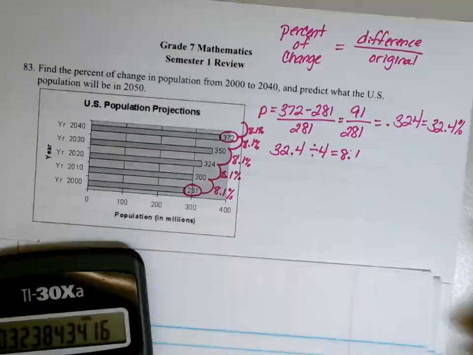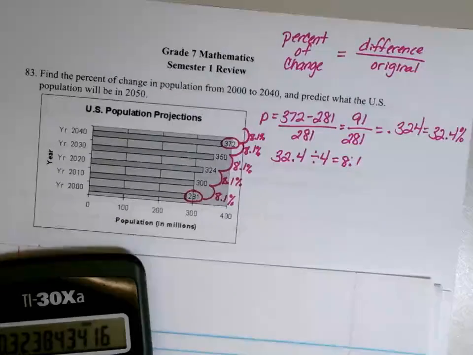How do I find 50% of 12? Well, 50% is the same as what?